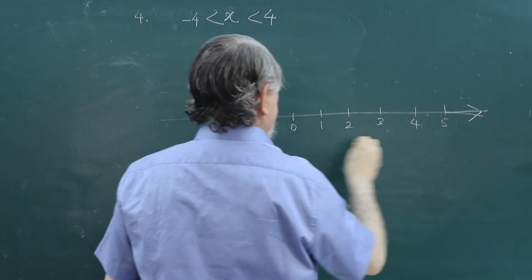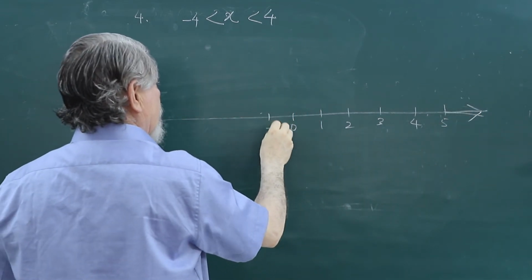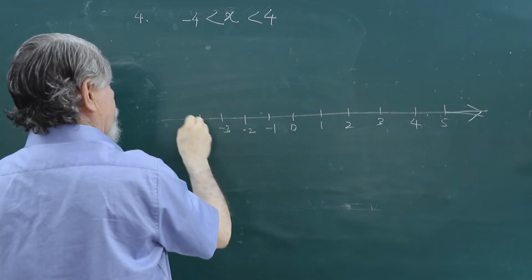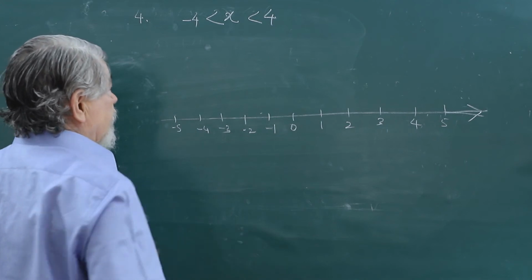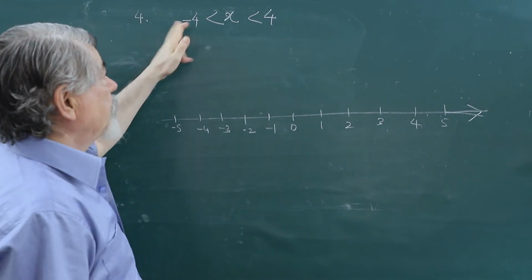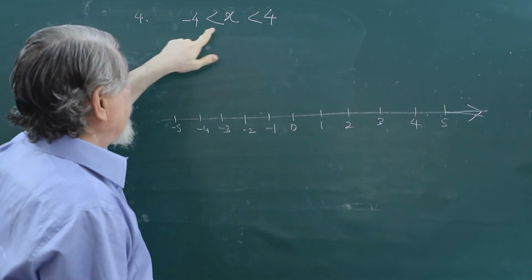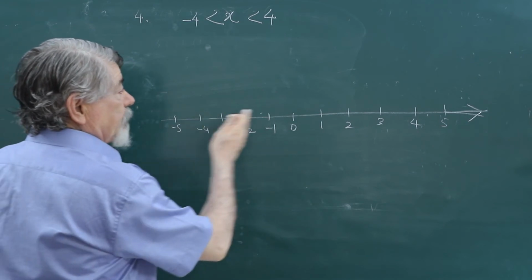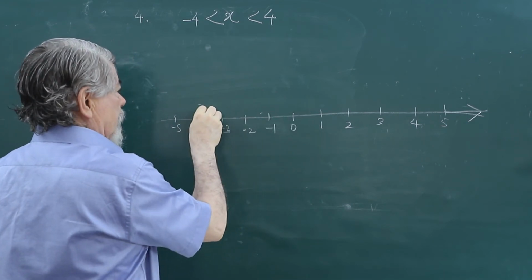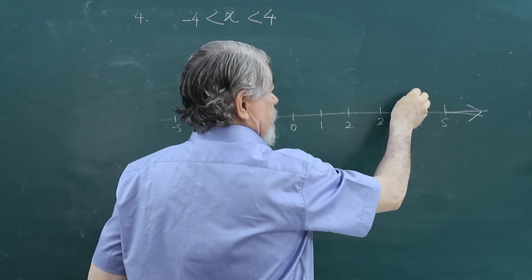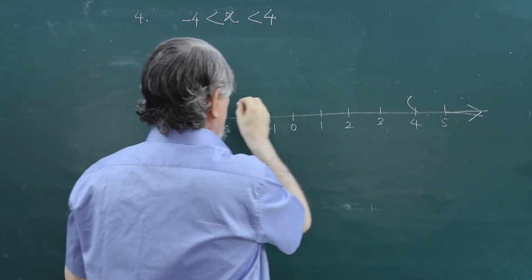Minus 1, minus 2, minus 3, minus 4, minus 5. This need not be solved, we only have to represent it on the number line because there is nothing to solve in it. x is greater than minus 4, so greater will be to this side. And x is less than 4.